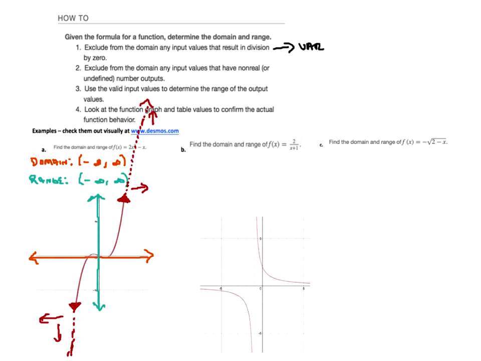You have to be aware of this when there is a variable that you can plug into in the denominator. I'm just going to put denom or denominator. So what I don't want happening, I don't want x plus 1 to equal 0. That's going to happen when x is negative 1.